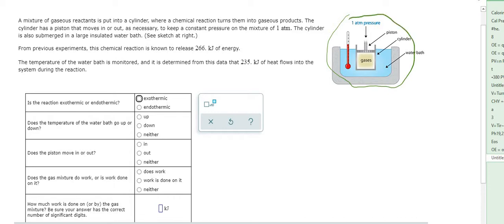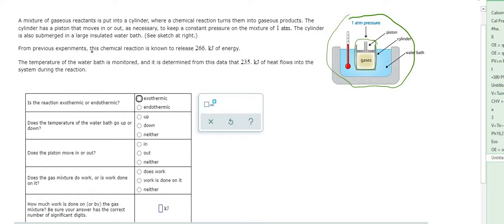Inside of this piston there is a chemical reaction going on, and we're going to consider that this is the system and the surroundings are everything else, but in particular this water bath. And so what are the exchanges, the changes that are going on between the system, which is this piston, and the surroundings, which is going to be mainly represented by the water bath?